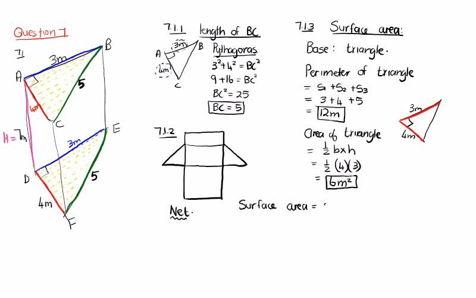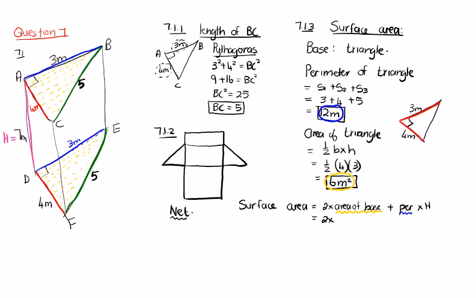Now the surface area is equal to 2 times the area of the base plus the perimeter times the height. The area of the base is 6. Then the perimeter is 12.